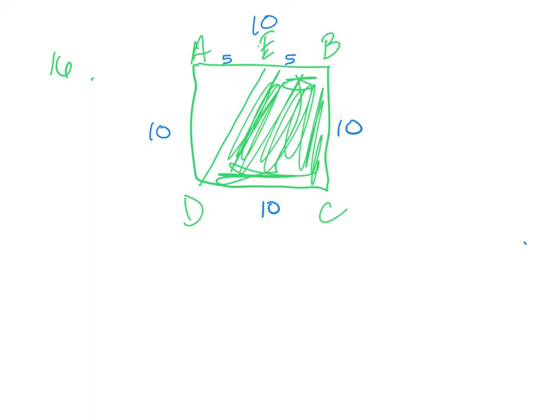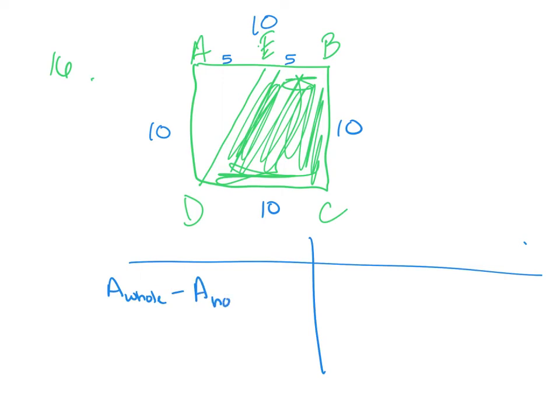There's 2 ways to get around this. I'm going to do it both ways. You tell me which way you like, and I'll put the formulas on the board. The first way is the easiest way. You take the area of the whole thing. Remember my A whole minus A hole? Do you remember that at all? I remember a little bit, yeah. It's the area of the whole thing minus the area of the hole in the thing. That'll give you the area of the shaded.